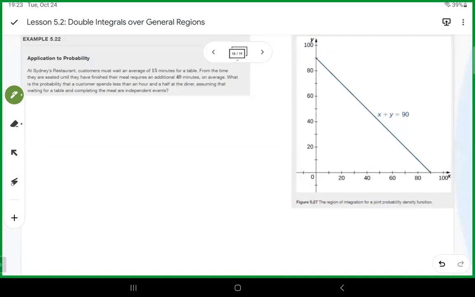So waiting times are mathematically modeled by an exponential density function, with m being the average wait time. So that looks like the following. If t is greater than 0, and if t is less than 0.